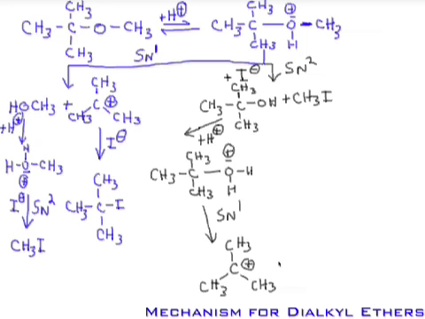And then it's attacked by I minus to make tert-butyl iodide. The final products are the same, whether you follow the blue pathway or the black. The only difference is which happened first.